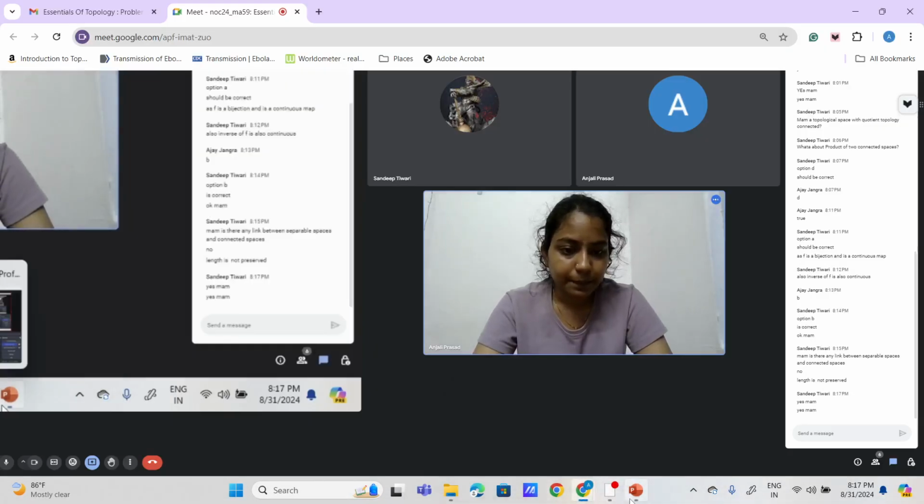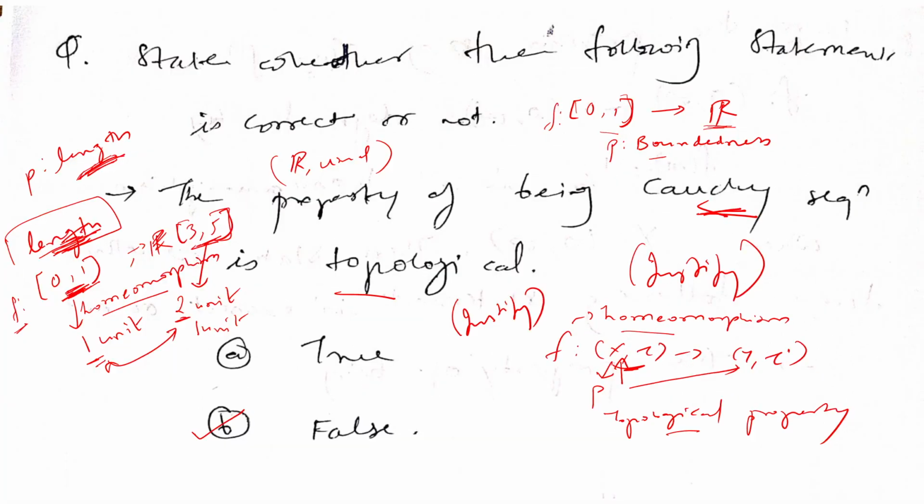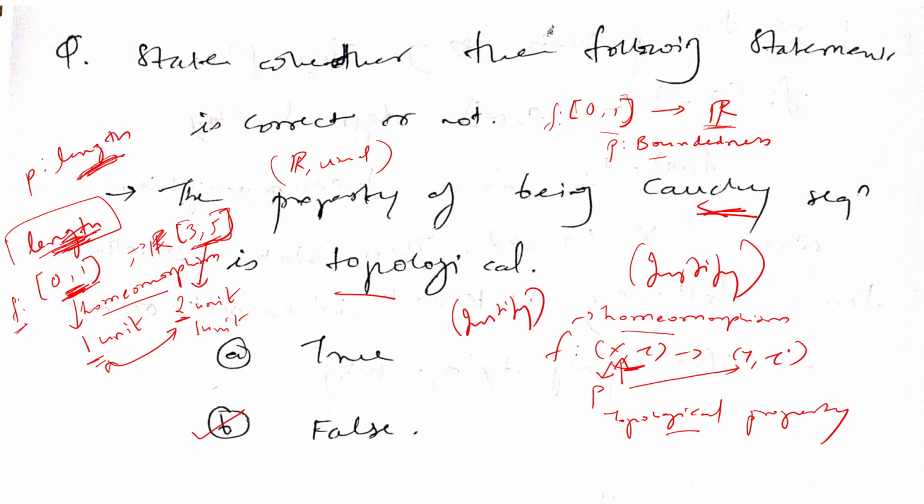So what you are getting from the current question, that the property of being a Cauchy sequence is topological, is not true. It is false. Fine. Why so?